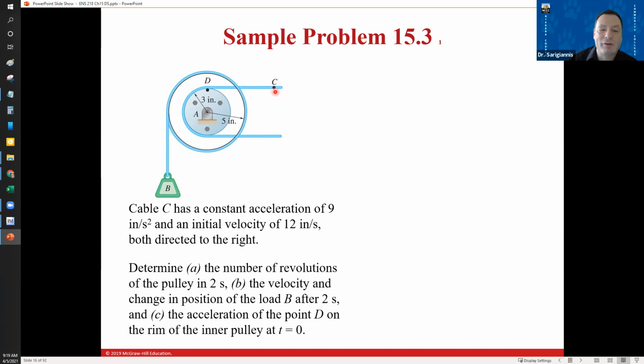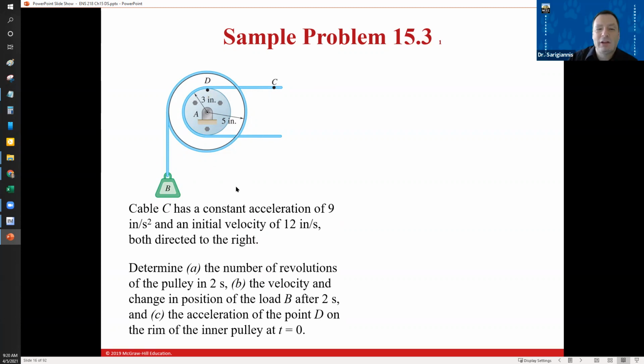Determine A, the number of revolutions of the pulley in 2 seconds, and B, the velocity and change in position of the load B after 2 seconds. And then they also want to know the acceleration of point D on the rim of the inner pulley at time equals 0.